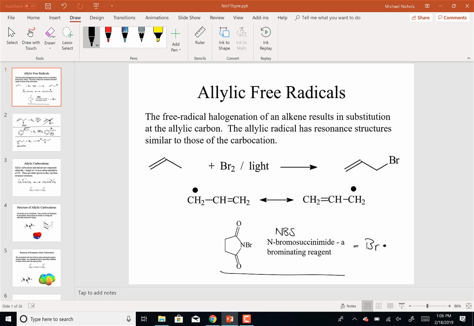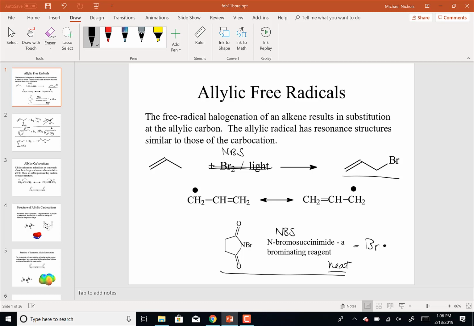We have to use a little bit of heat with the NBS to get it to break apart into its Br dot, and then that will do free radical halogenation. So if you try to do this reaction with bromine and light, that's not going to work. Instead, you're going to have to use NBS in order to get free radical halogenation. So that was what was wrong with the reaction from the other day.